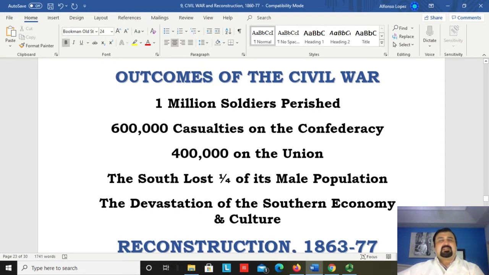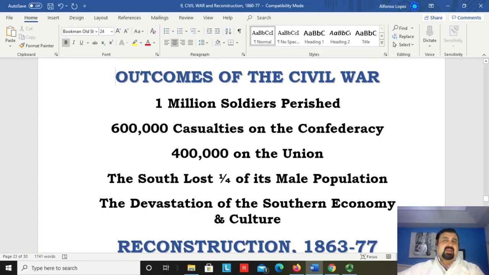So the South lost a fourth of its male population. A fourth of its male population lost their lives in the South. So this was a conflict that devastated the South in so many ways. Not only the loss of life, but also the Southern economy and the Southern culture were devastated.